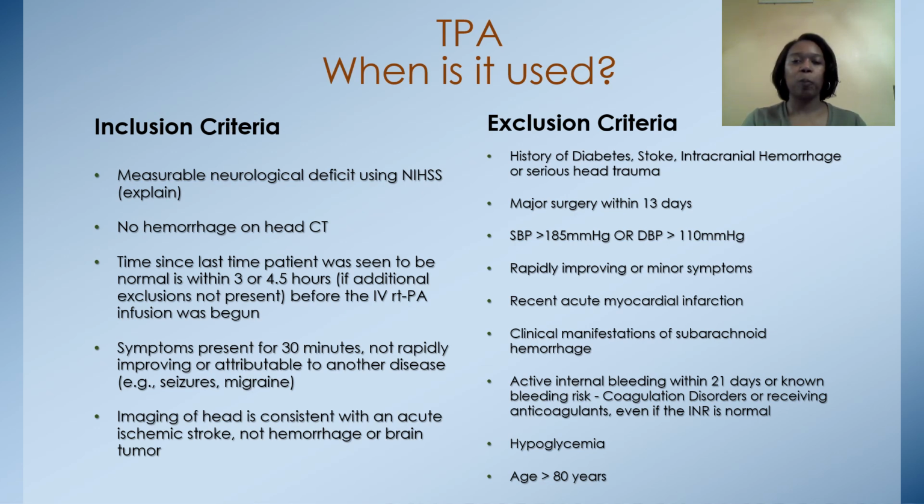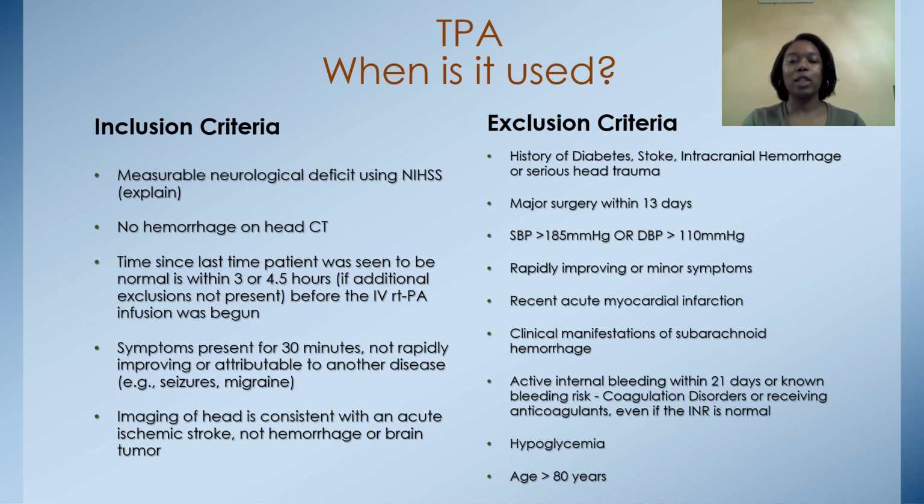Exclusions. History of diabetes, stroke, intracranial hemorrhage, or serious head trauma. Major surgery within 13 days. A systolic blood pressure above 185 and a diastolic blood pressure above 110. Rapidly improving or minor symptoms. Recent acute MI.